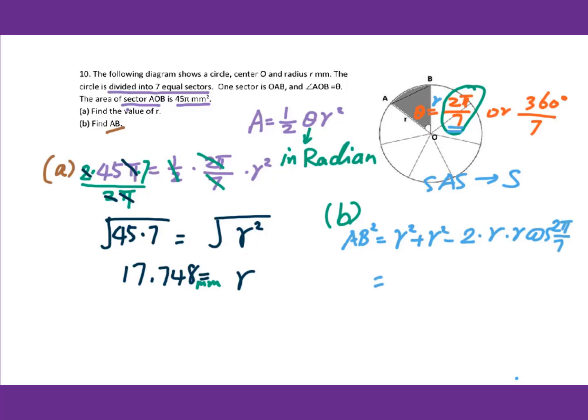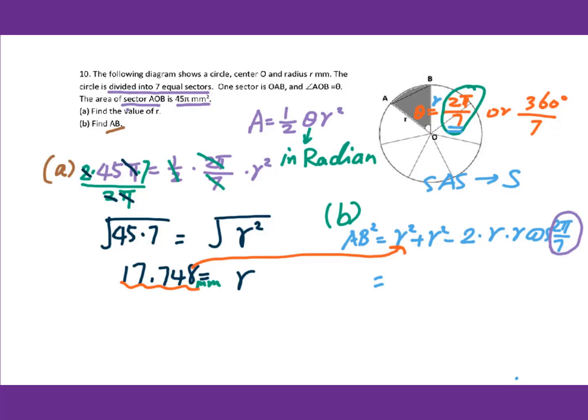When you put this into the calculator, make sure the mode is in radians, because we have 2 pi over 7, that's a radian angle. We need to plug in 17.748 for this r.